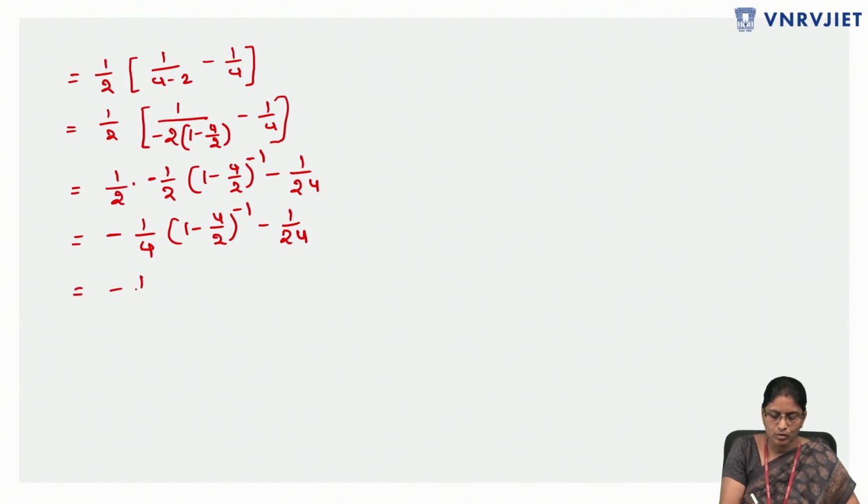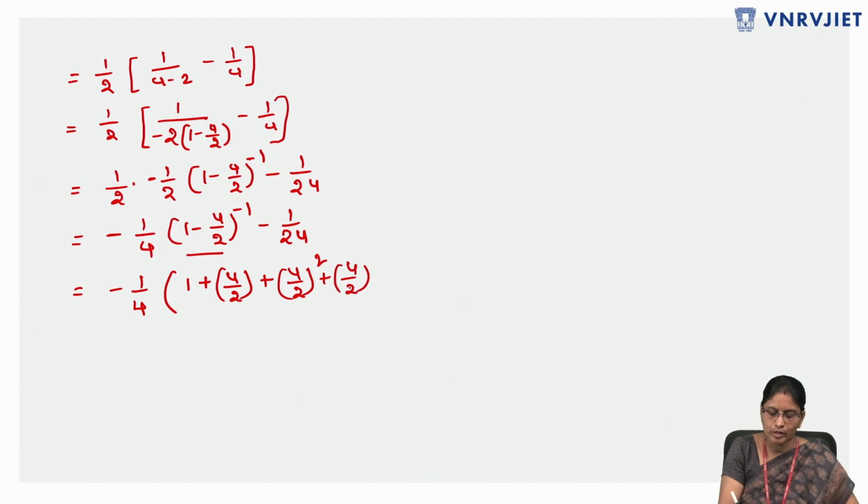Expand this one by using the formula 1 minus x whole power minus 1: 1 plus u by 2 plus u by 2 whole square, u by 2 whole cube and so on, minus 1 by 2u.